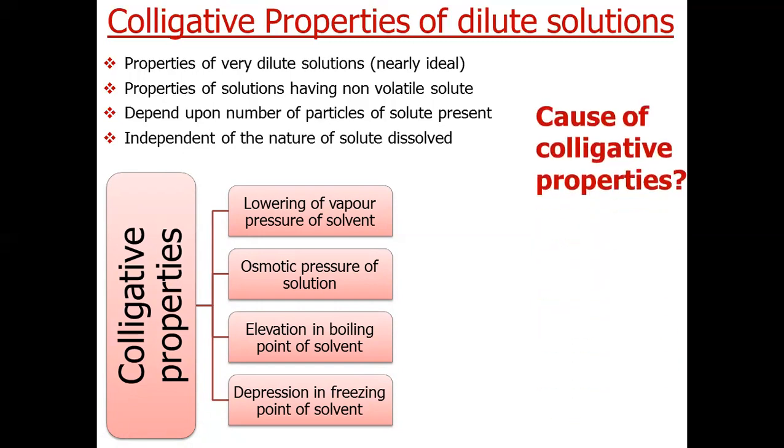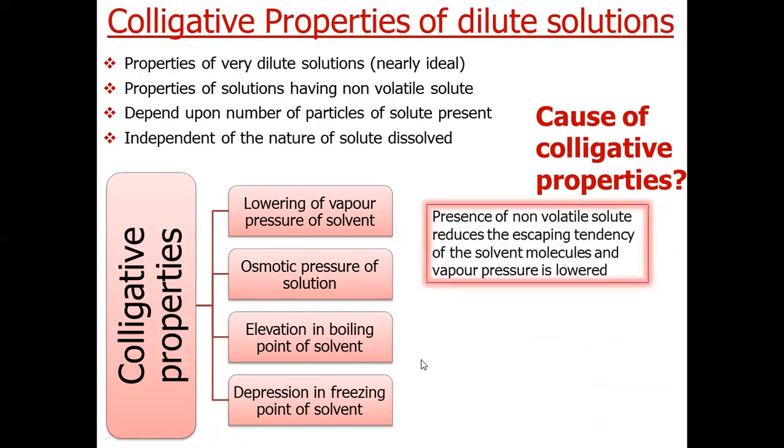So now the question that comes to our mind is what is the cause of colligative properties? The cause of all these four colligative properties is that when a non-volatile solute is present in the solution, it reduces the escaping tendency of the solvent molecules and the vapor pressure of the solvent is reduced. This is the main cause of all these four colligative properties.